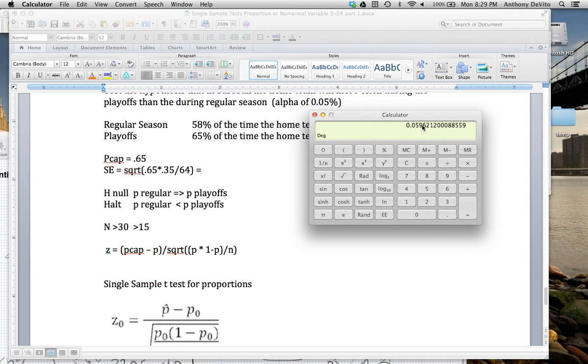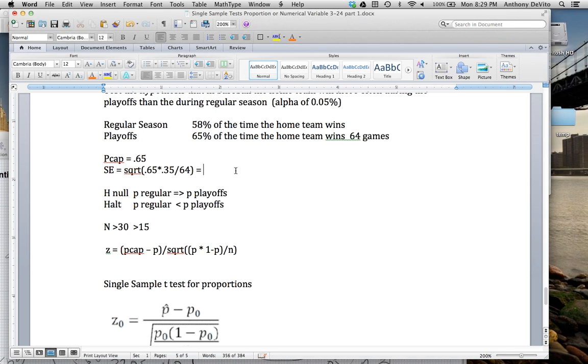Comes out to be 0.059. Don't do as I do, do as I say. I'm going to round that off to 0.06 to save time, though there's a reason why I don't want you to round it off. Actually it's 0.0596, whatever it turned out to be.